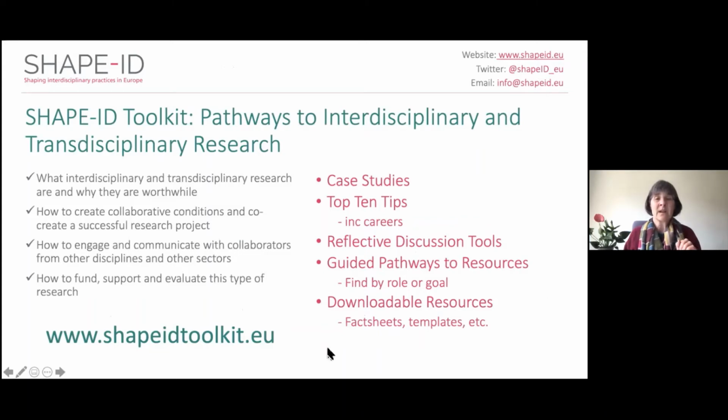So the idea behind the Shape ID grant is that, as you all know, a lot of the problems that we face as a society globally require research, but that research has to come from more than one perspective.